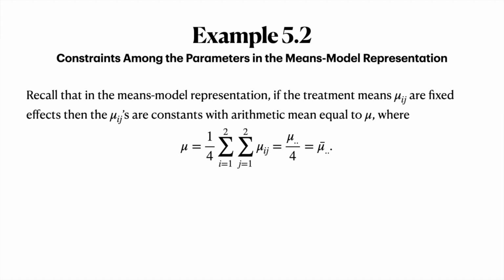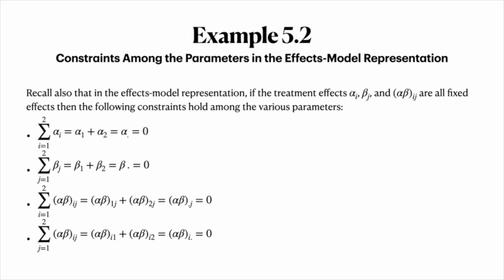Also recall that in the effects model representation, which involves the various treatment effects and their interaction, the alphas, the betas, and the alpha beta ij's, if the treatment effects are fixed, then the following constraints hold among the various parameters. The sum of the alpha parameters is 0. The sum of the beta parameters is 0.